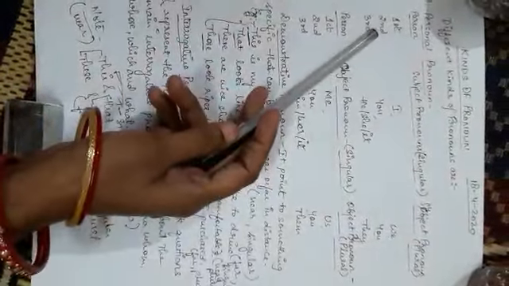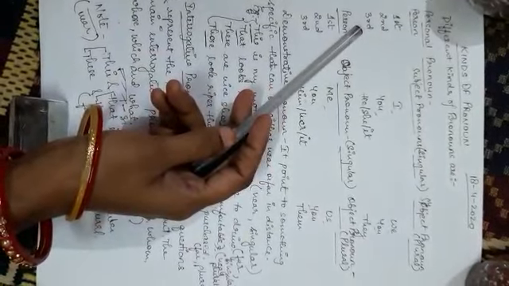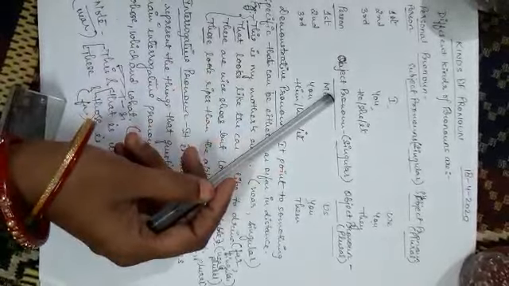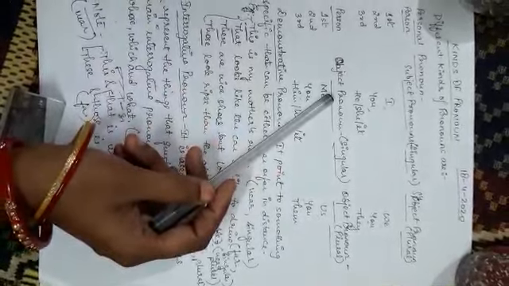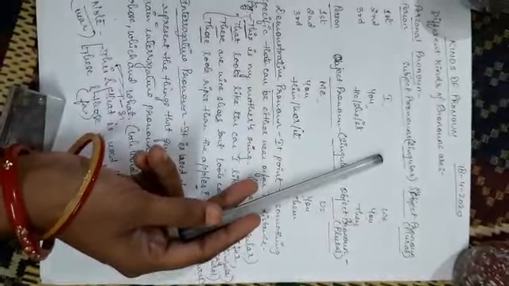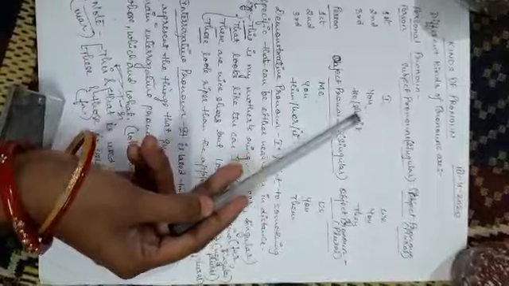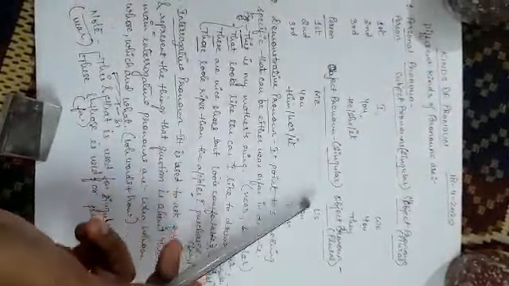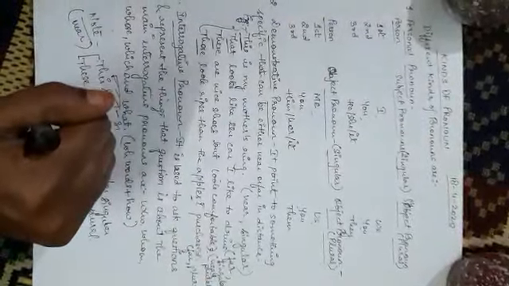So the personal pronoun is divisible into 3 parts: first person, second person, and third person. And in all sentences, the subject and the object part is necessary, and singular and plural is also necessary. According to singular, we can use singular words. According to plural, we can use plural words. Vice versa, we can use them in the subject as well as the object part of our sentence.